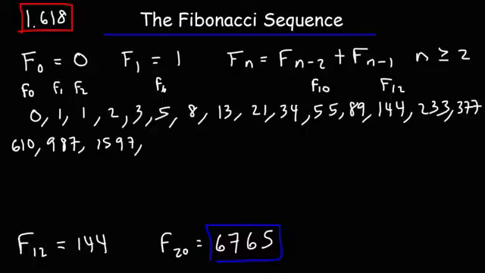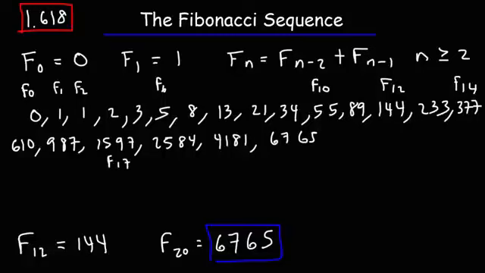And then adding that to 987, that's 2584. And then 1597 plus 2584, that's 4181. And then 4181 plus 2584 gives us 6765. This is F sub 14, F17, and this is F20. And so we can see that this answer is indeed correct.